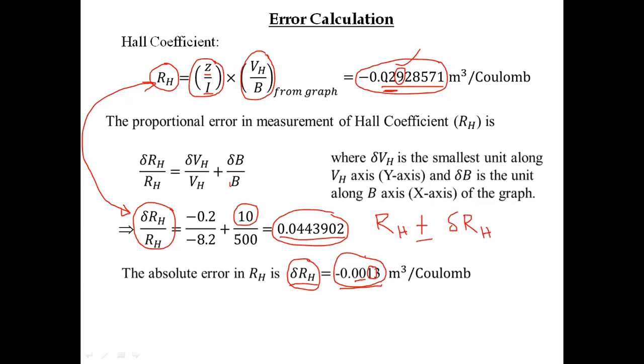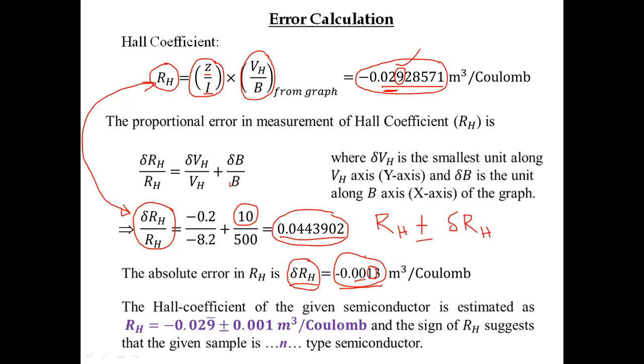You are sure about 0 and 2 because of this error, but you are not sure about 9. 9 might change to 8 or something else. So you cannot write all these digits. You have to truncate your result till 9. So this is what you get. You can see here the result has been truncated to 9 with a bar above 9, as we were explaining the other day.